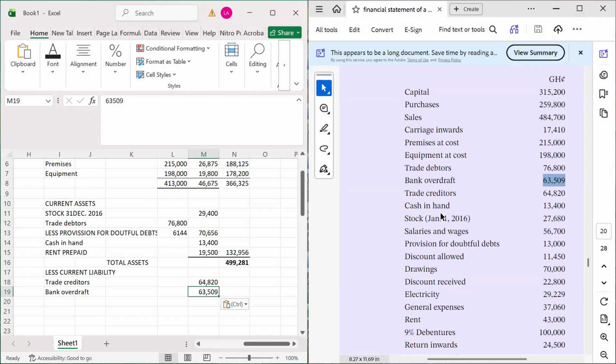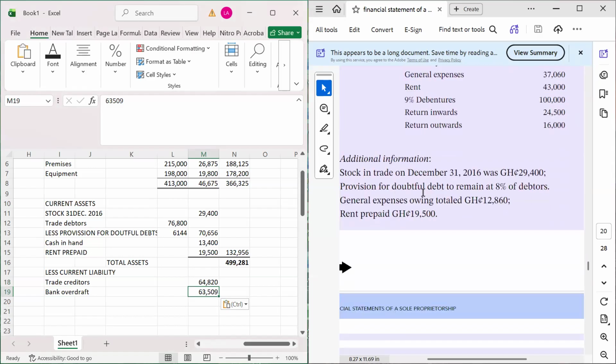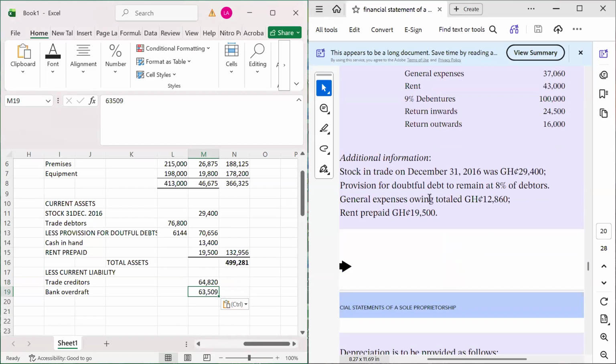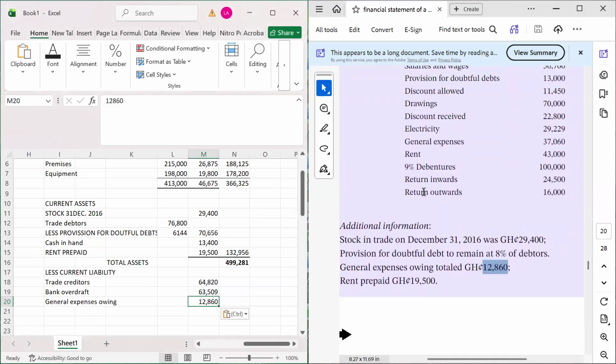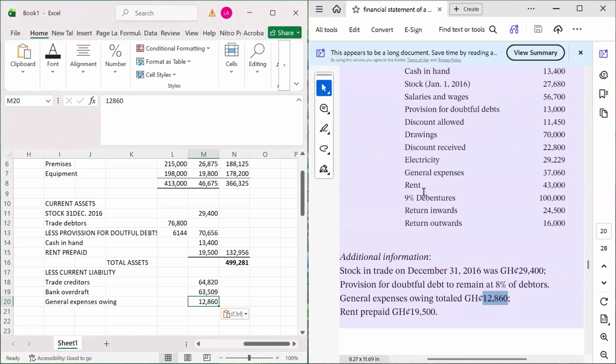And then we come to the notes. Over here, we were owing general expenses. So it's also a liability on us. How much? But no liability.